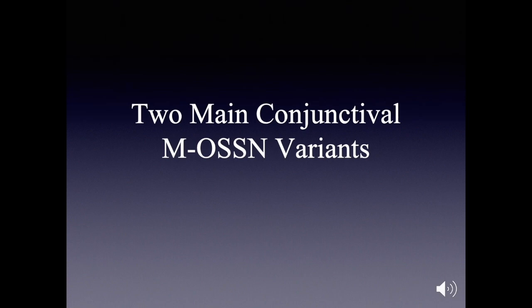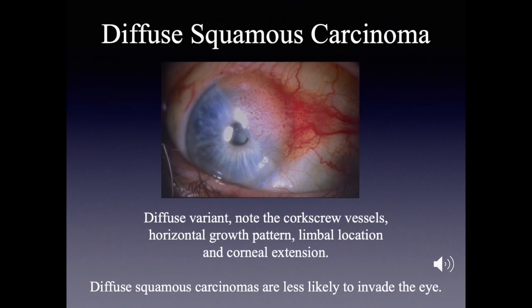Now, back to the basics. For minimal disease, there exist two main conjunctival variants. The first and perhaps most common is the diffuse variant, where there are corkscrew vessels and a horizontal growth pattern. Most diffuse tumors are located at the limbus with feeder vessels on one side and corneal extension on the other.